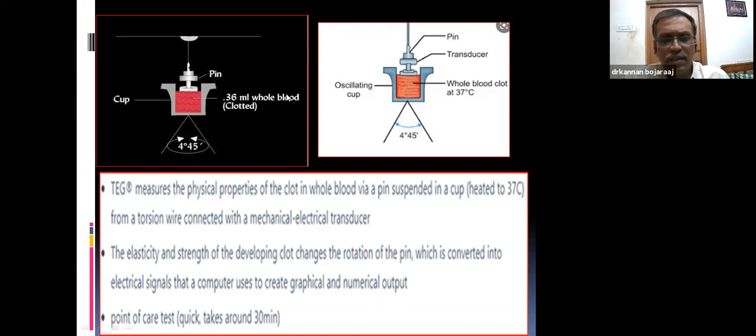The clotted blood is here, and the cup will rotate and oscillate. The torsion wire is connected with a mechanical transducer, where a pin is suspended in the cup. As soon as the switch is on, it will start, and the elasticity and strength of the developing clot changes.